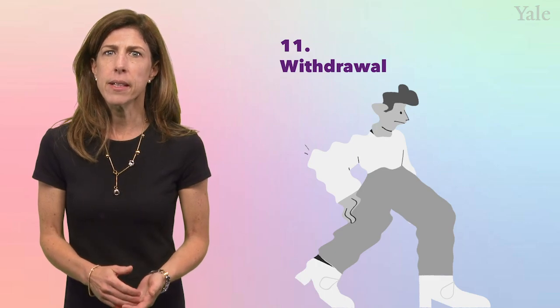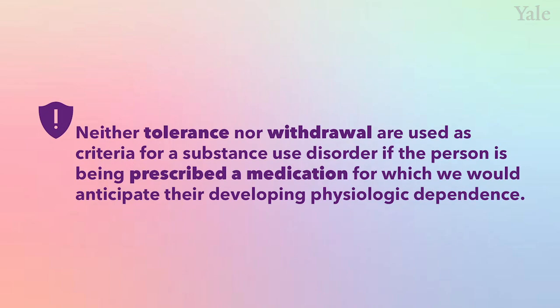It's important to note here that neither tolerance nor withdrawal are used as criteria for a substance use disorder if the person is being prescribed a medication for which we would anticipate they're developing physiologic dependence, like with opioids or benzodiazepines. Without other criteria being met, a person who is prescribed opioids that has tolerance and withdrawal symptoms when the substance is removed would not meet criteria for a substance use disorder.